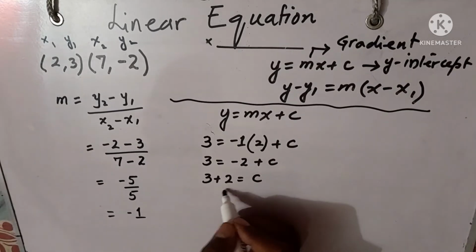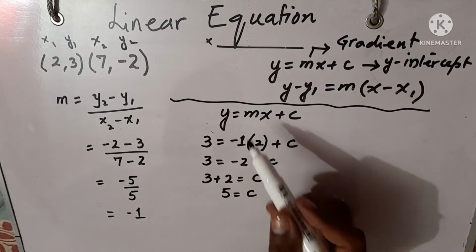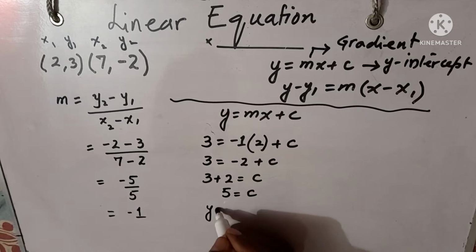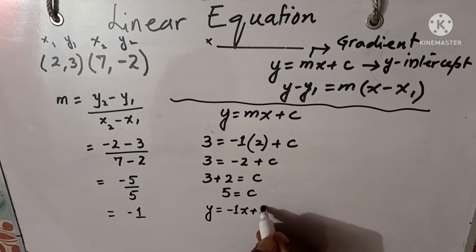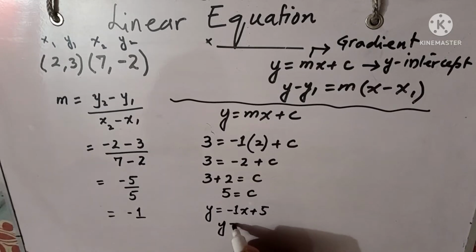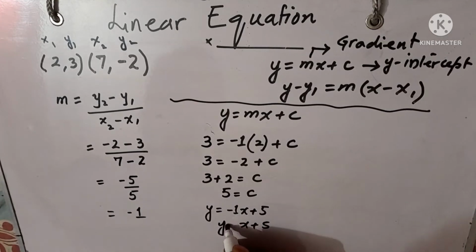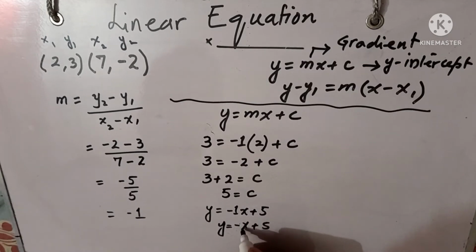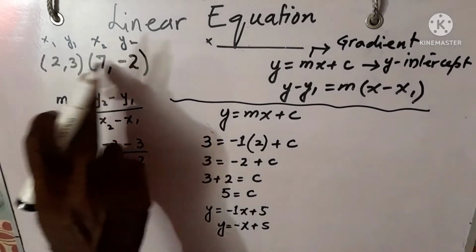So I know my c will become +5, and then I will substitute my m and c to get the equation of the line. y equals -1x + 5, or I can simply write y = -x + 5. And this is the equation of the line passing through these two coordinates.